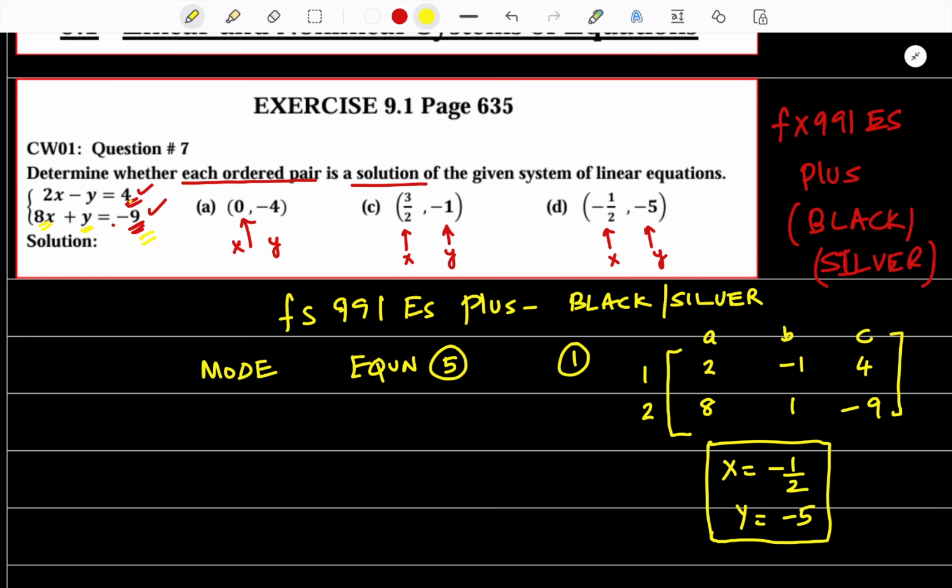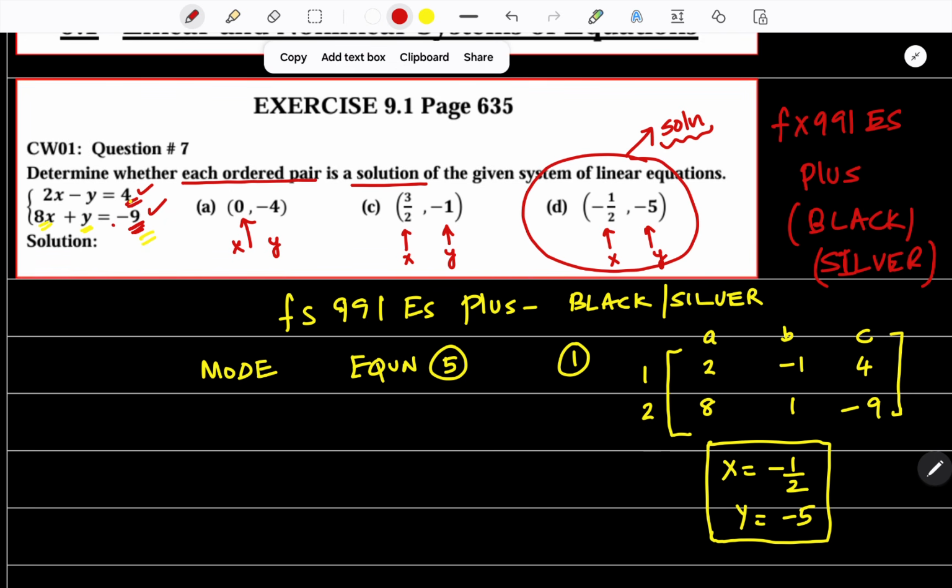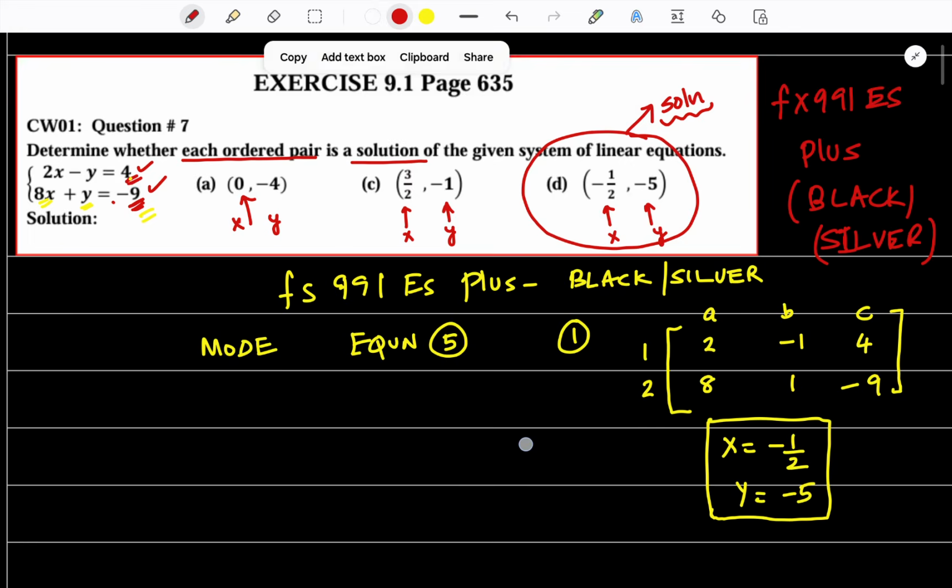Again, I'm telling you, the calculator is used only for checking, not for writing the direct answers. Now look at your answers here: x is equal to -12 and y is equal to -5. This is going to be your solution. It means immediately you can come to the conclusion that this point x comma y will satisfy the equations. The remaining ones 100% will not satisfy, but we are going to do it manually.